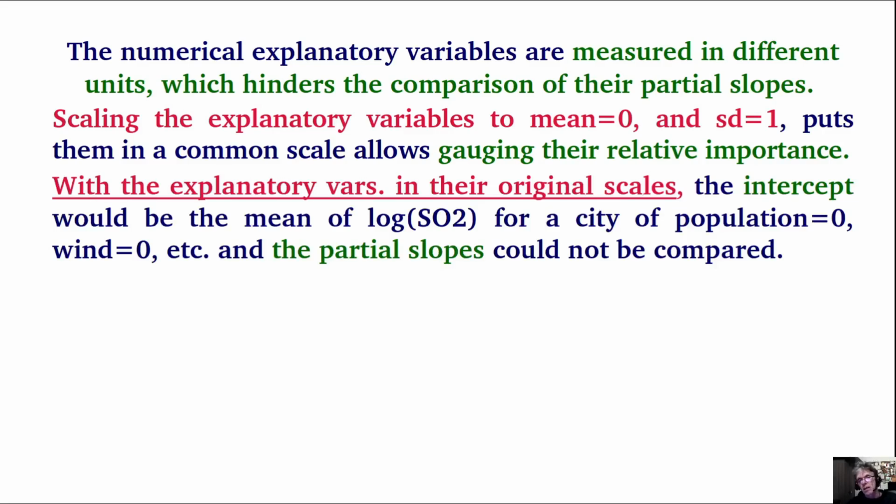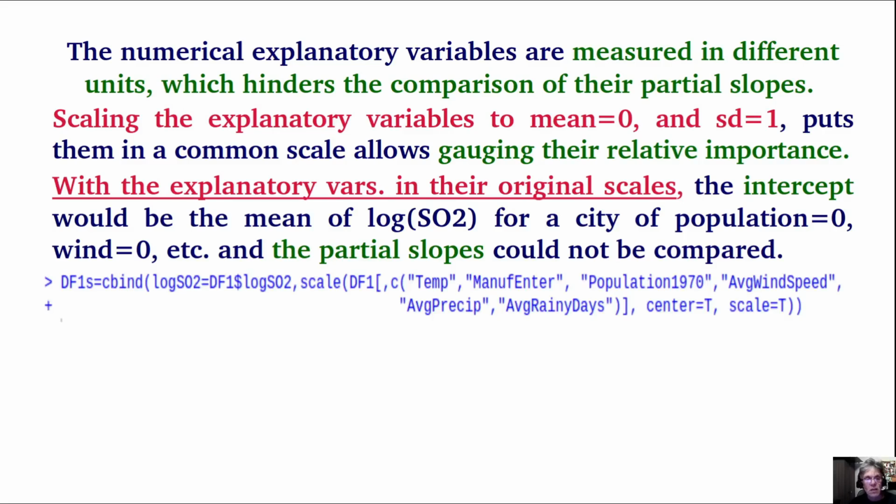When the explanatory variables are in the original scales, the intercept in this case would be the mean of the log SO2 in a city of population 0, wind 0, precipitation 0, that is a city that does not exist. And the partial slopes, as I alluded before, could not be numerically compared.